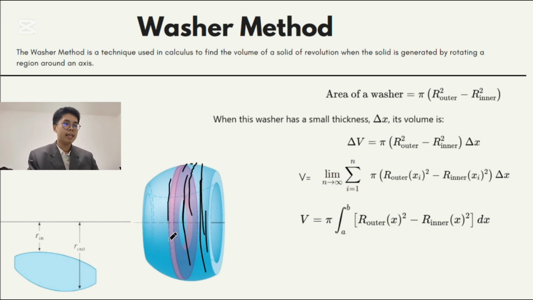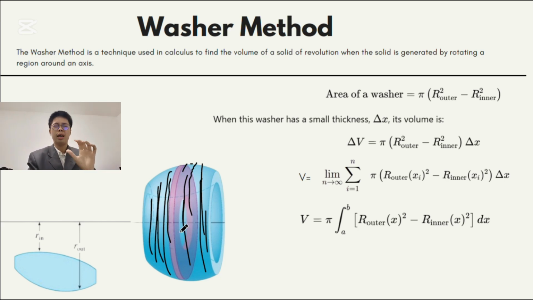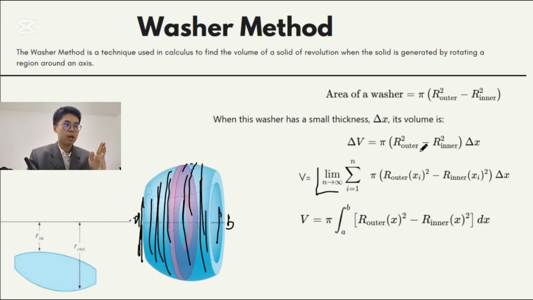Next, if we divide this solid into so many washers, until n is a very large number, we can write it as the limit as n approaches infinity, like this statement. This is the same as the integral with upper limit b and lower limit a.